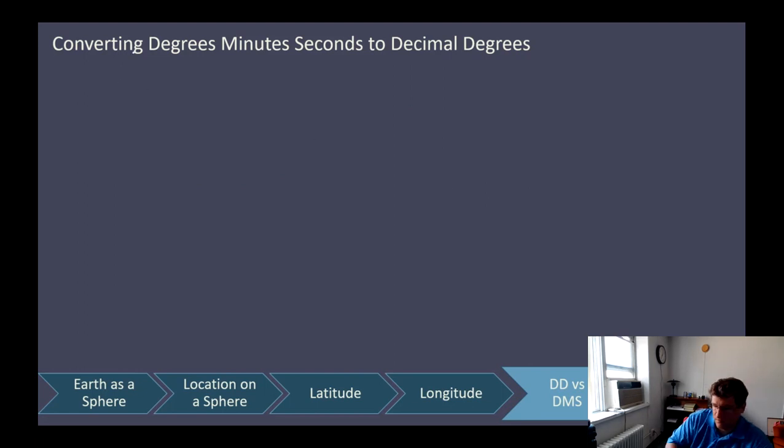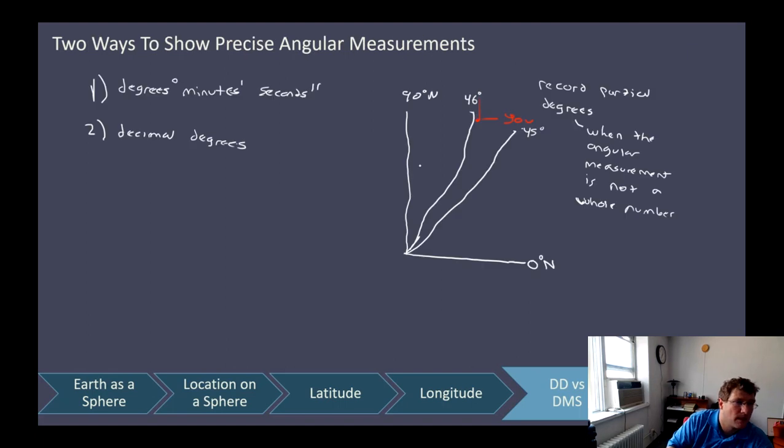Let's give ourselves a little bit more space here. With degrees, minutes, seconds, what we do is we have the whole degree, so in this case, 45. Then we say the distance between 45 and 46 is broken up into 60 evenly spaced subangles.